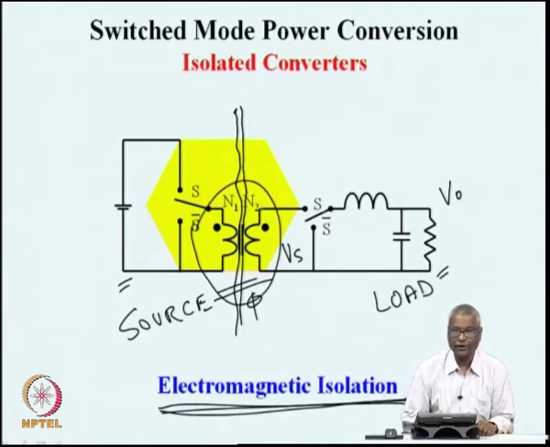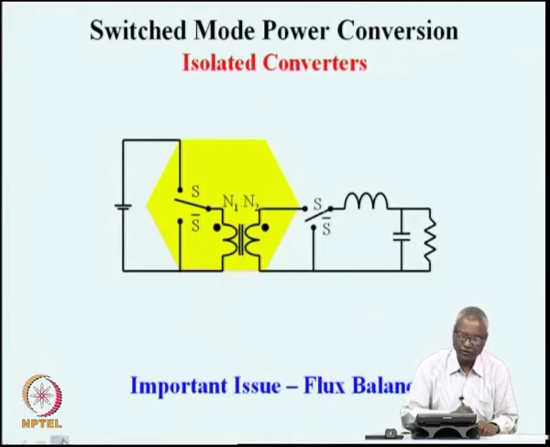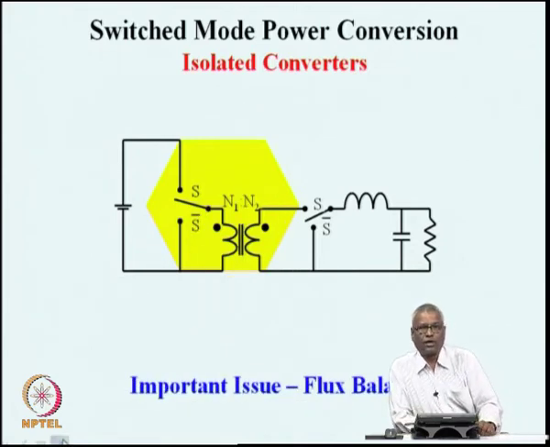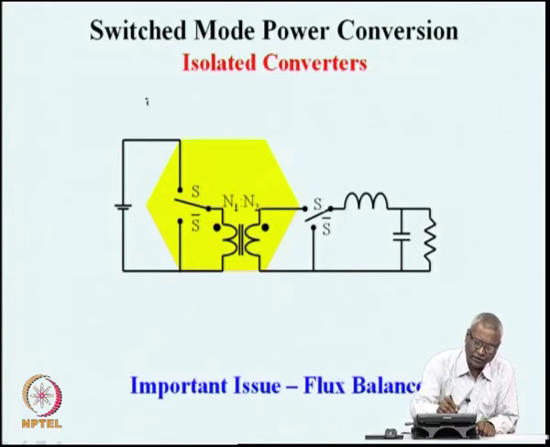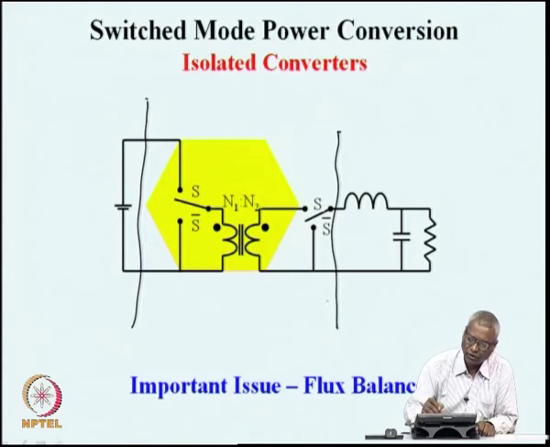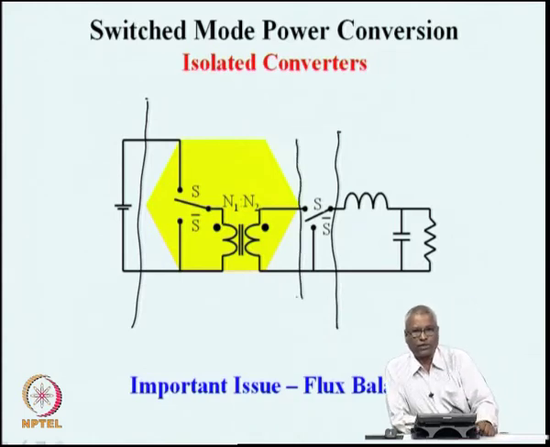So, in this lecture, we will try to look at the isolated power converter circuit topologies and how they got evolved from the non-isolated circuit topology. Here, you can identify that the source plus the load plus the single pole double throw switch is identical to the non-isolated buck converter.